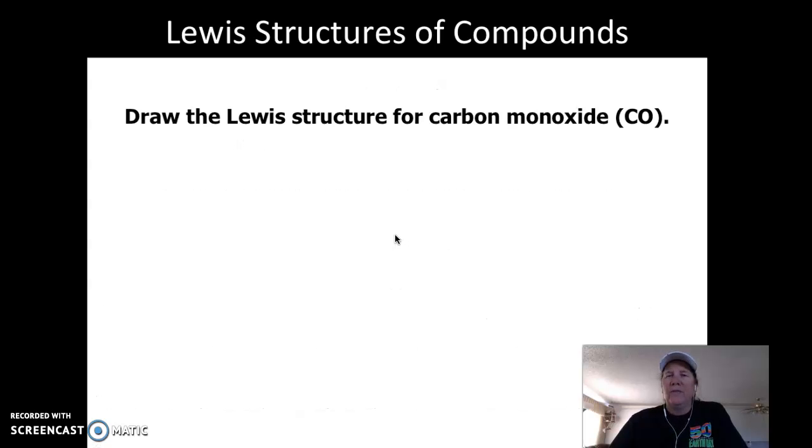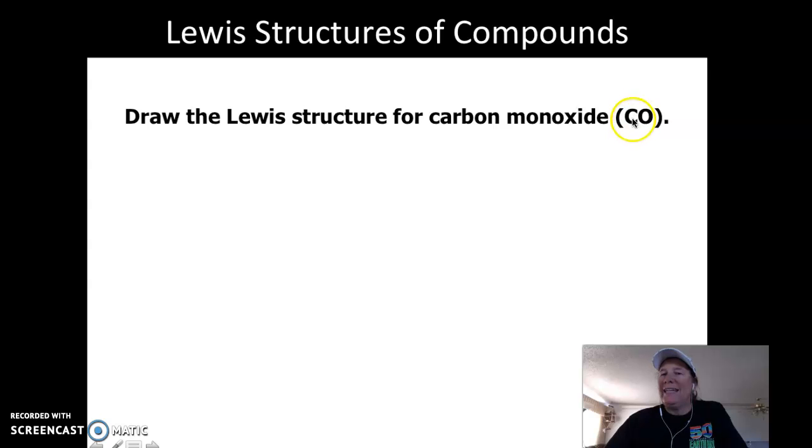Okay, for carbon monoxide, carbon has 4 and oxygen has 6. That's 10. They each need 8. That's 16. So 16 minus 10 is 6. Now there's no central atom here because there's only 2. When you only have 2, there's no central. They just form a linear bond.